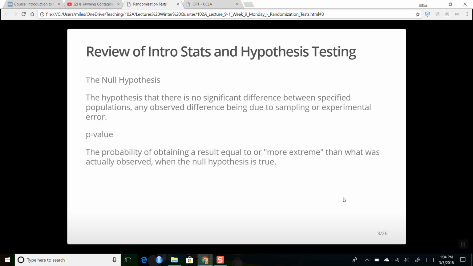Generally, you set up the null hypothesis in such a way that you say that there is no significant difference between the specified populations, and any difference that we do observe in our samples is due to just sampling error or experimental error. So these are just results of our sampling process, and not that the populations themselves are different.